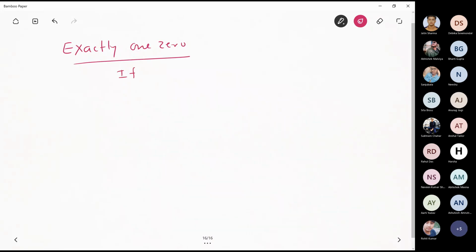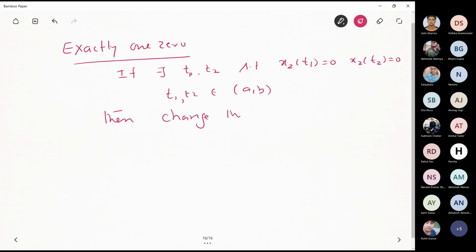If there are two zeros, T1, T2 belong to the interval, then change the roles of x1 and x2. Then what you should have is, because there are two zeros of x2, there should be at least one zero of x1 lying between T1, T2. That's not possible, right?